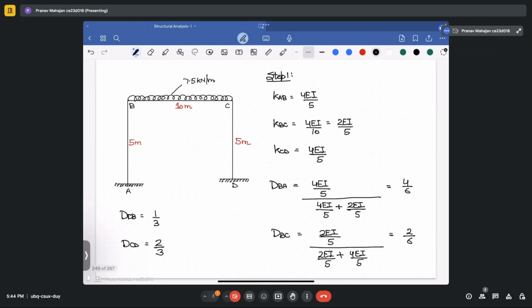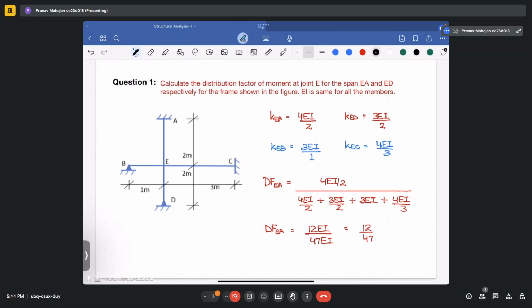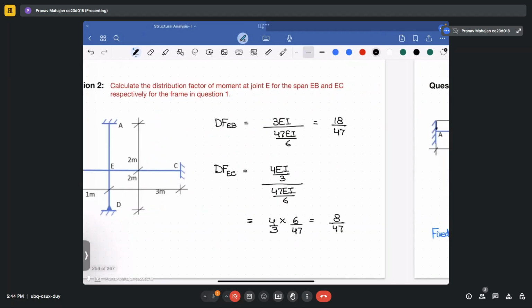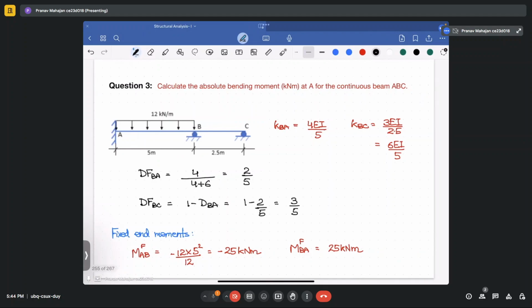Same thing we have done for the frame problem also. And then we have solved a few questions. We have solved how to determine the absolute stiffness, then how to determine distribution factors for different spans based upon the far end condition that is available with us.